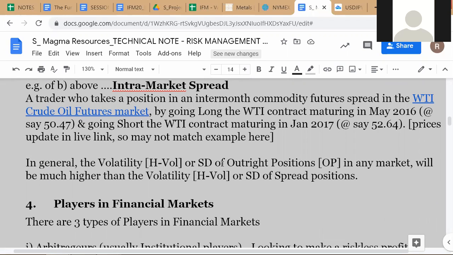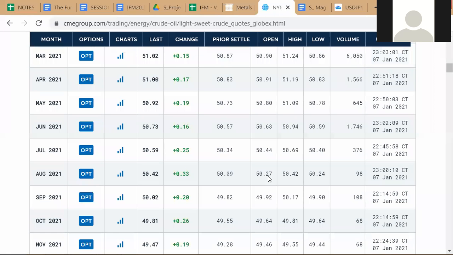Or the standard deviation of the outright positions in any market will be much higher than the volatility of the spread positions. The point I'm trying to make is that if you calculated the historical volatility or the trading range of the July contract or the October contract, you would find that they're quite high on their own.